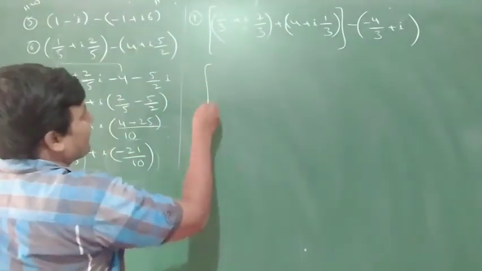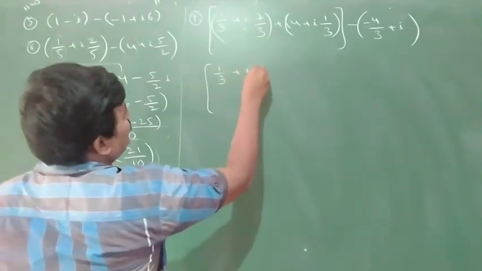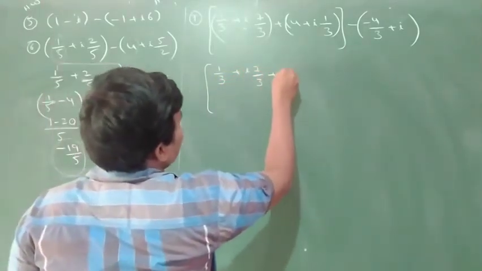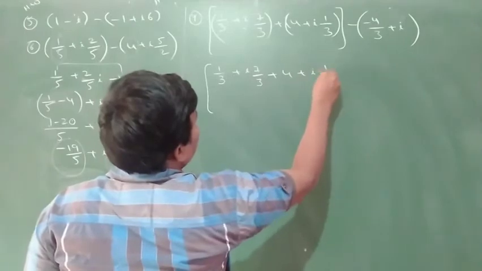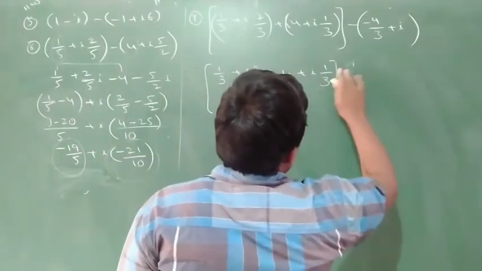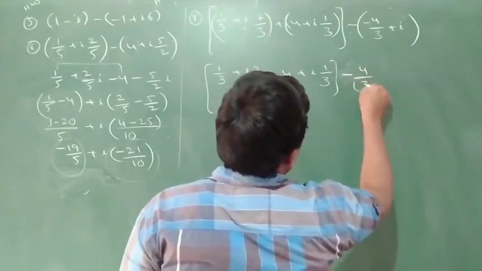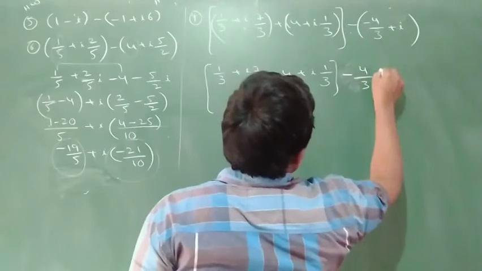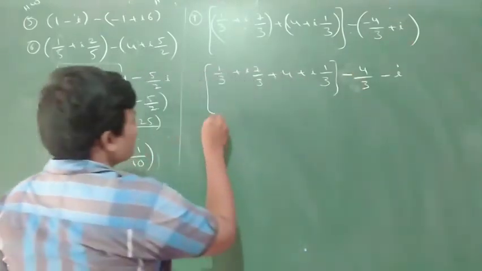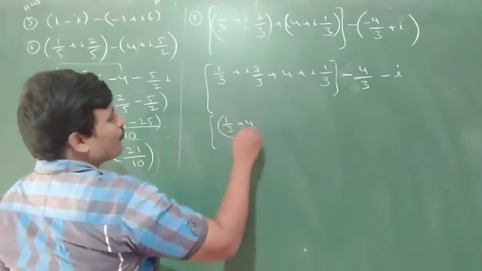These two terms have their own big bracket. So big bracket: 1 by 3 plus i into 7 by 3 plus 4 plus i into 1 by 3, minus of minus 4 by 3 plus i.